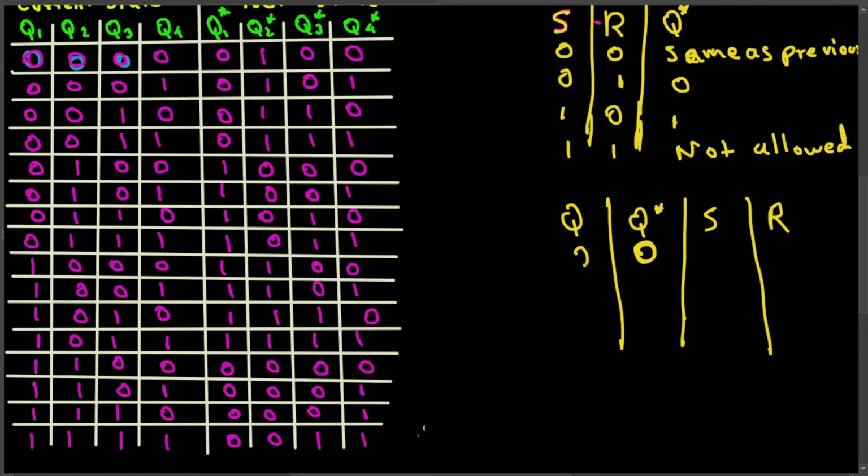One option is 0 for S, because it's the same as the previous. And here you can see R can be 0 or 1. You can still get the 0, so it doesn't matter. We don't care what R has. We can still get the 0 if the previous is 0.